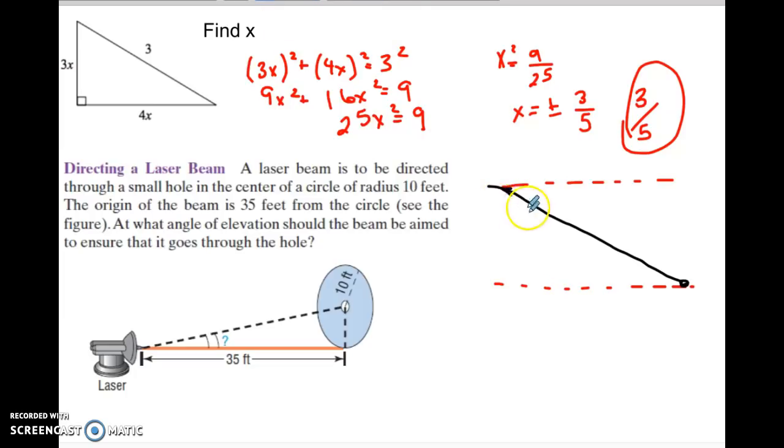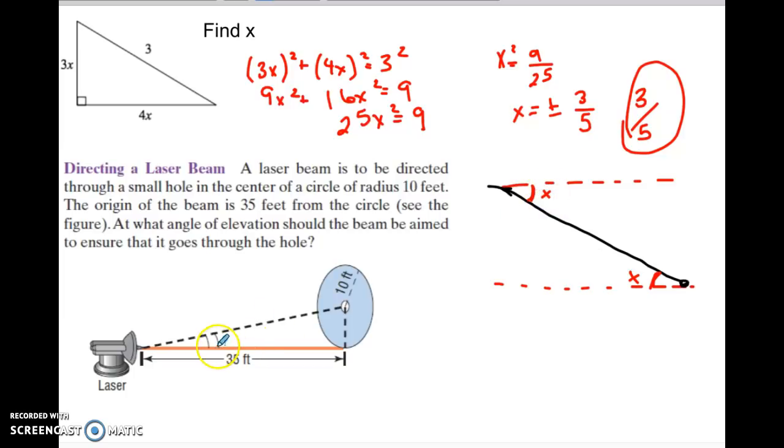An angle of depression is always formed with the horizontal looking down. An angle of elevation is always formed with the horizontal looking up. So try to remember from geometry, these are alternate interior angles, so they're always going to be equal to each other.